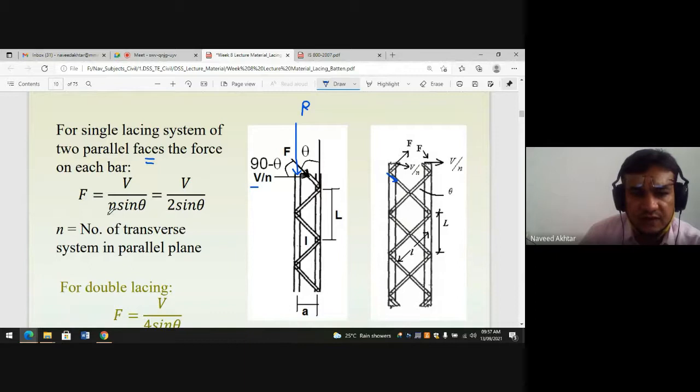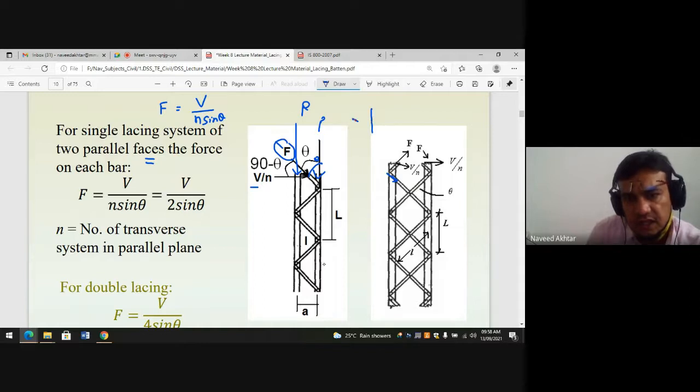So what will be the value of F? This force F is equal to V, the transverse shear, upon N times sine of theta. N times sine of theta. If you consider this as theta, this is the P, and this is the theta. So the figure will be like this.